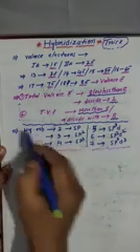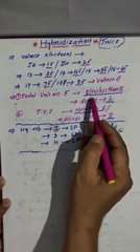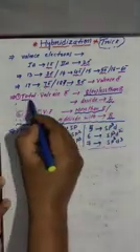This is the maximum extent in the normal tendency. Now we have to calculate these hybrid orbitals, using the formula based on the total number of valence electrons.